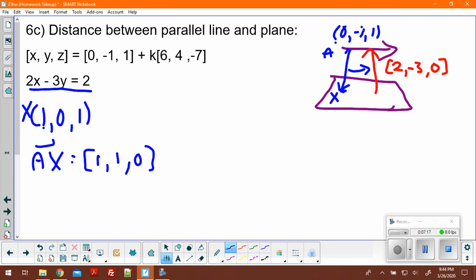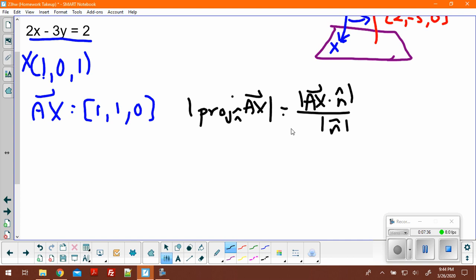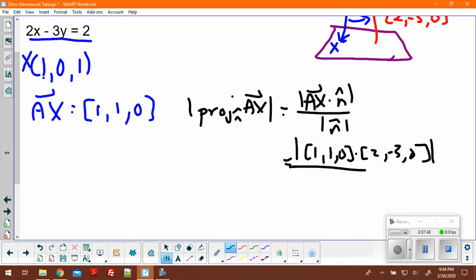And now, I have those two things, right? To find the distance, I do the magnitude of the projection of AX onto N. So that's the magnitude of the dot product over the magnitude of N. So it's the magnitude of (1, 1, 0) dotted with (2, -3, 0), all over the square root of 2 squared plus -3 squared plus 0 squared.